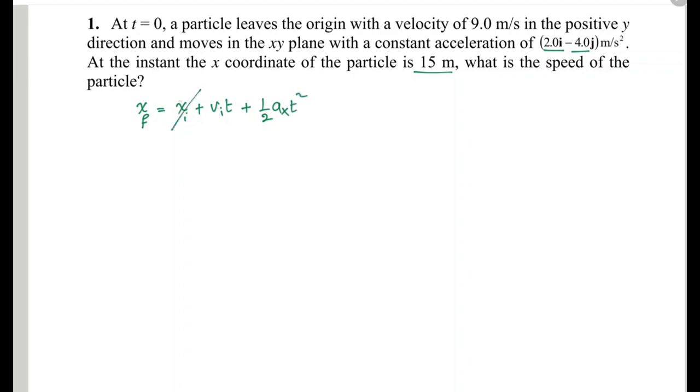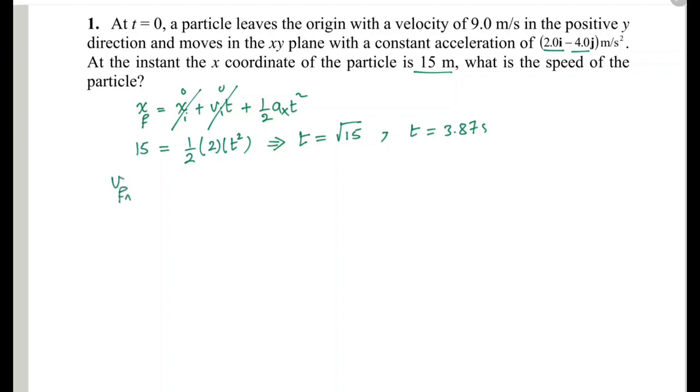Starting from origin and from rest, the initial terms are 0, so x final, which is 15, equals half ax, which is 2, times t square, and from this t equals square root of 15, or t equals 3.87 seconds.